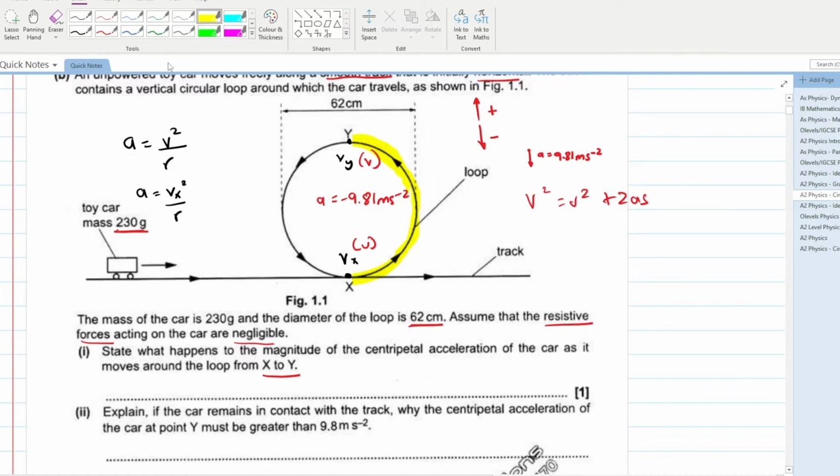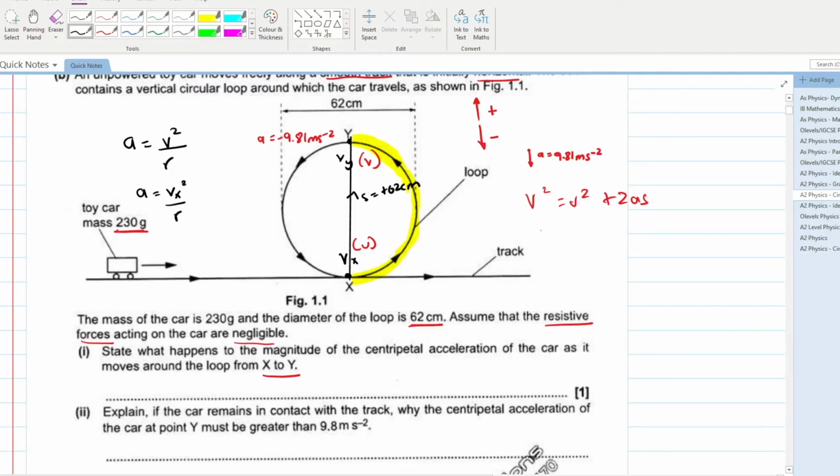What is your displacement, beta? What will the displacement be from x to y in the vertical direction? Any ideas? The displacement will be this diameter. What is the diameter? 62. So you have s as well, and since you are going upward, s will be positive 62 centimeters.